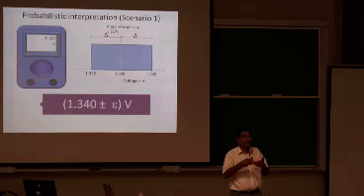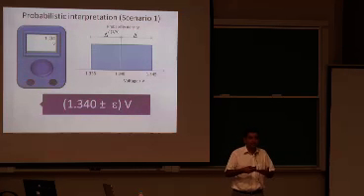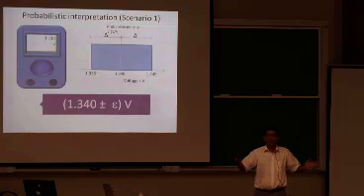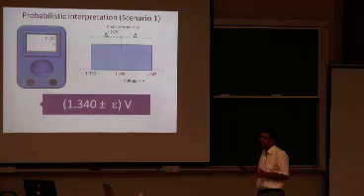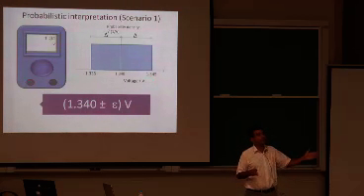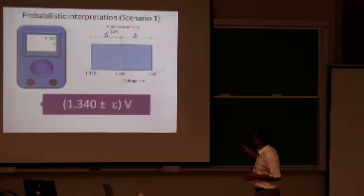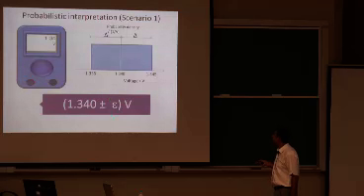So you could at best specify a spread of values. And the probability distribution function in this case is uniform because you're equally ignorant of all the possibilities. So you specify the probability distribution, you specify a spread, you have a best estimate of 1.340 volts, and what you would like to do now is to find out an uncertainty.